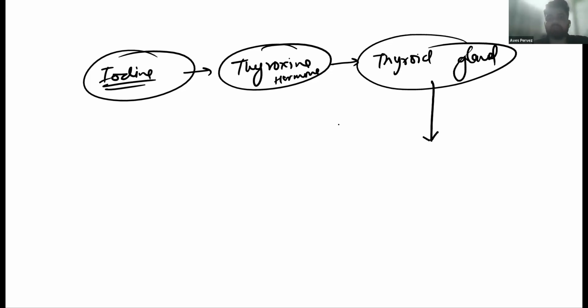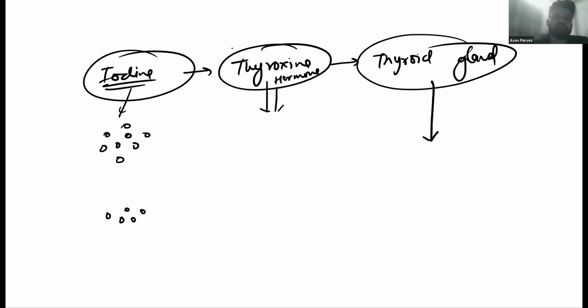If there is a deficiency of iodine in the body, for example, if 10 molecules of iodine are required to produce a sufficient amount of thyroxine, but instead of 10 we have only 5, then the thyroxine production will decrease because there is less iodine in the body.